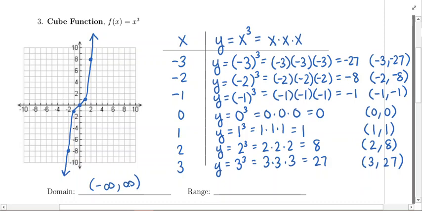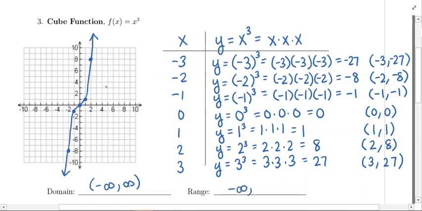Okay, now let's take a look at the range. We're looking at our y values here. When you write down the range, remember you want to go from the low point to the high point. Since, if you look where my cursor is, in this direction the graph goes down, down, down forever, the lowest y value is going to be negative infinity.